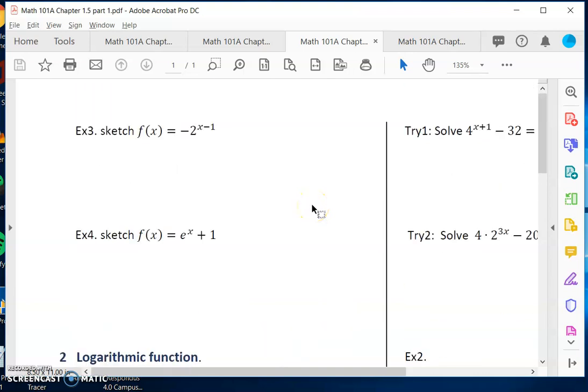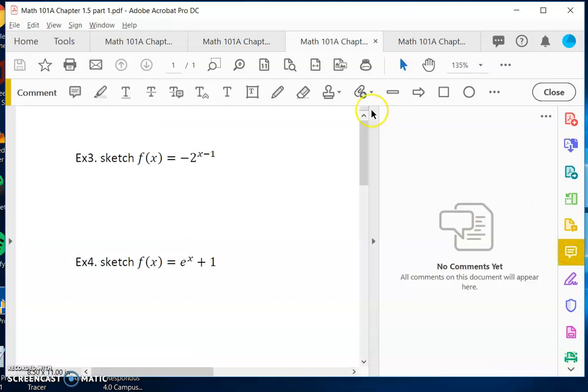The next thing we want to do is graphing. Okay, let's see how we graph a basic exponential function. So we start from our basic one, right? So let's get the pencil first.